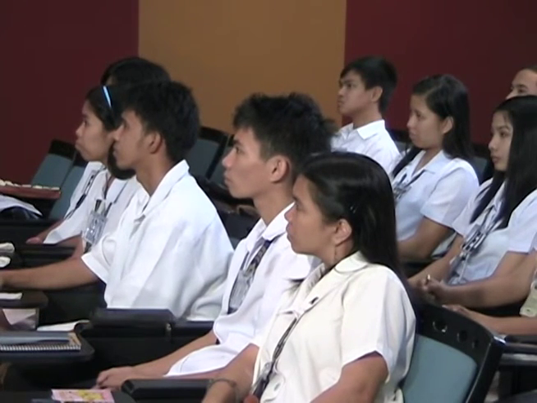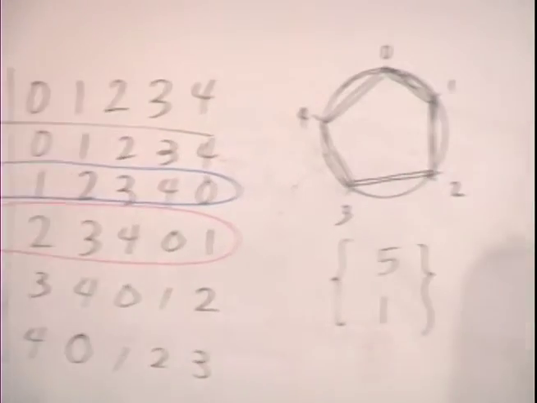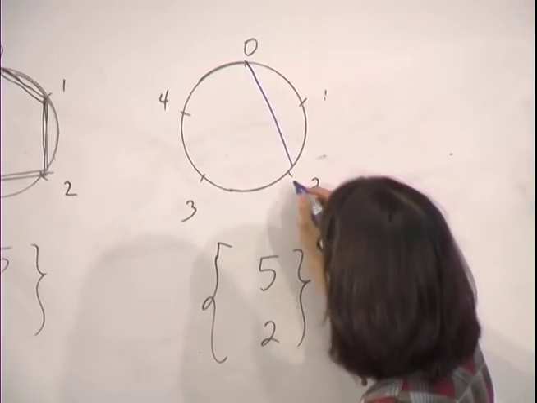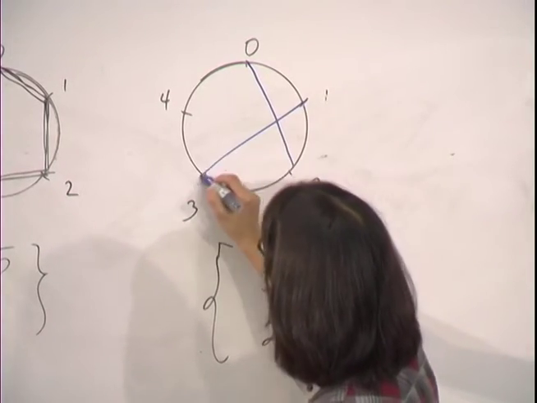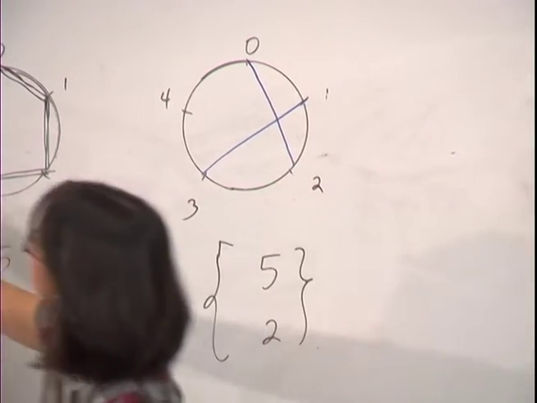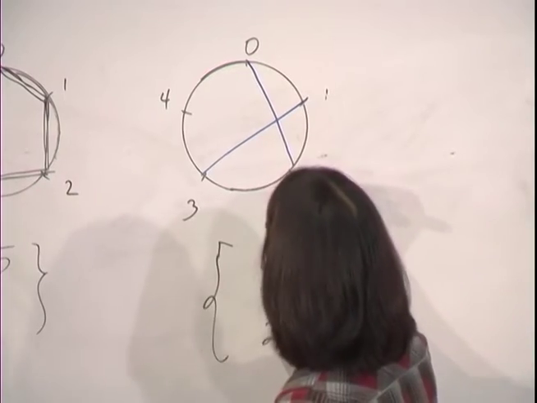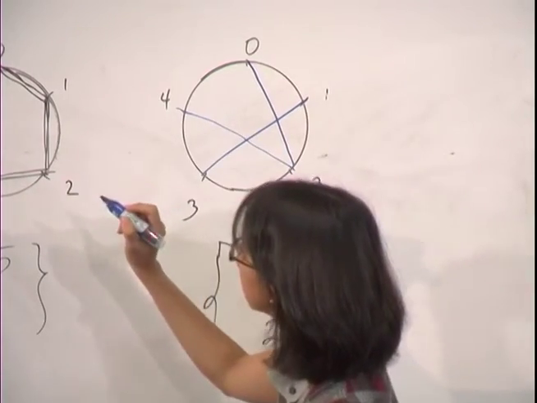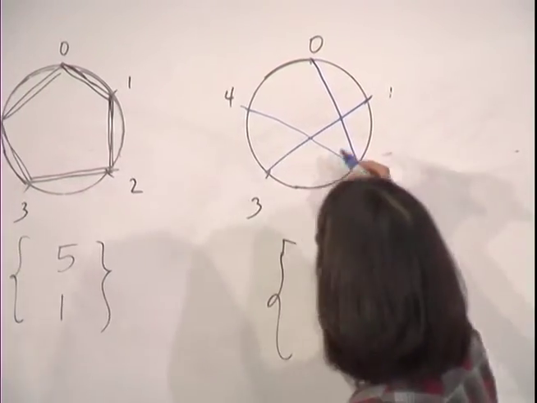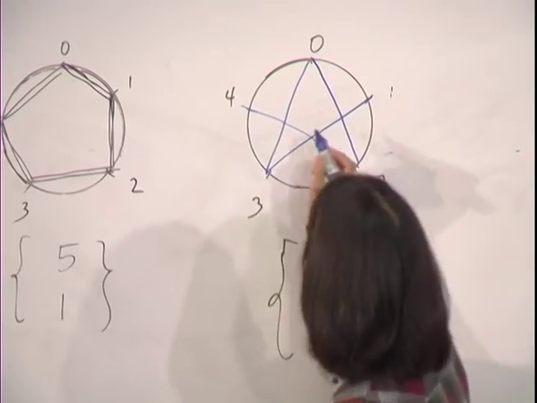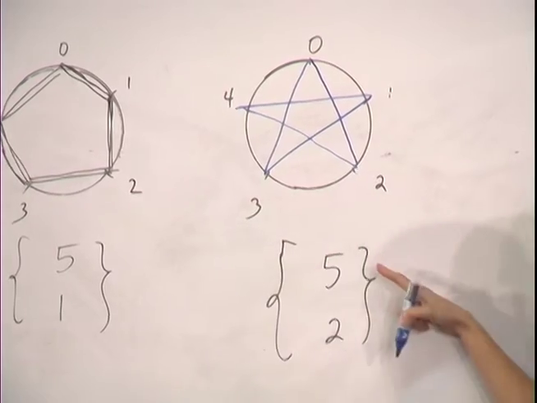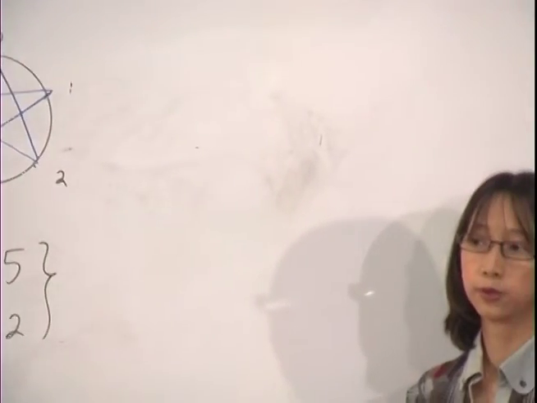So to whom shall I connect 0? Okay, 0 will be connected to 2, and then 1 will be connected to 3. And then, 2 will be connected to 4. And then, 3 will be connected to 0. What do you think will be formed? 4 will be connected to 1. So this is the graph for 5, 2.